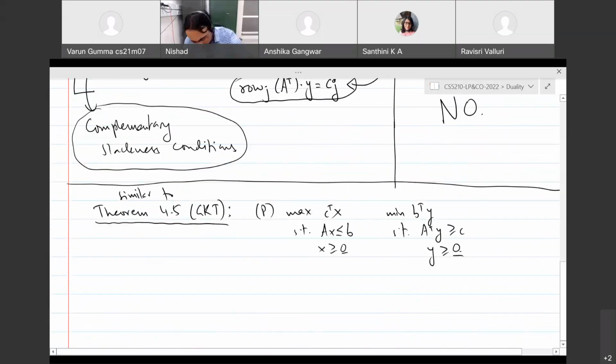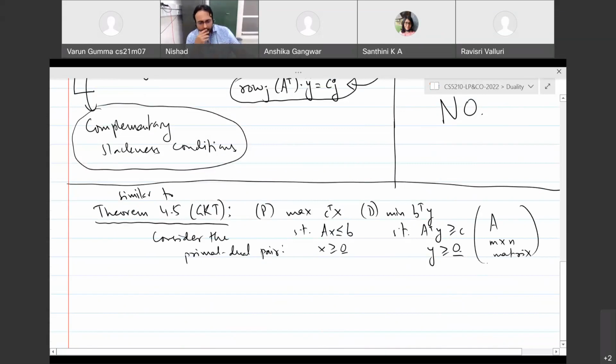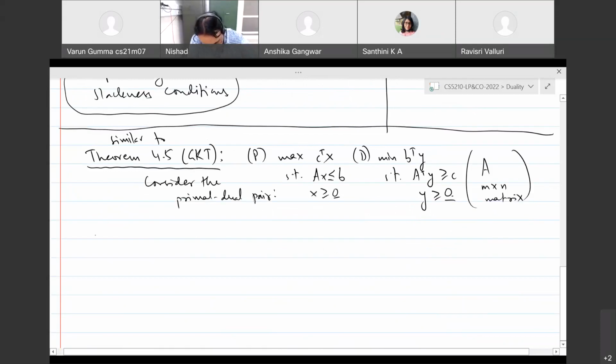Okay, so consider the primal dual pair, and let A be an M by N matrix. All right, so let's suppose you are given a feasible solution X bar to the primal and Y bar is a feasible solution to the dual.